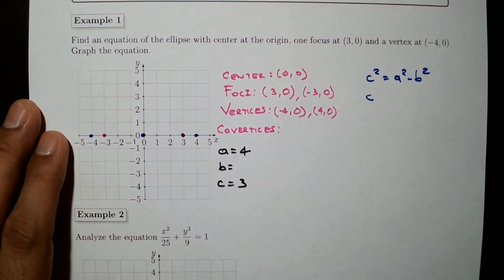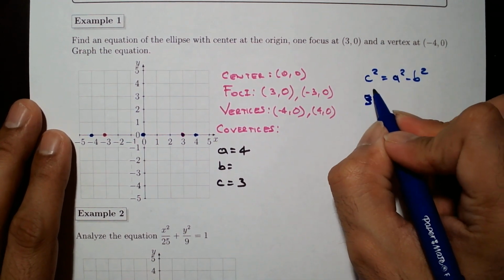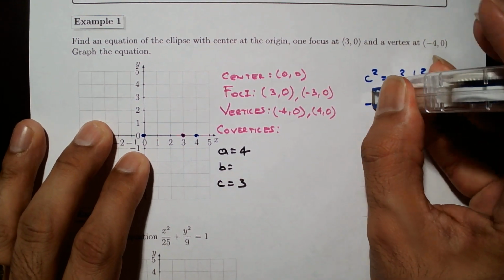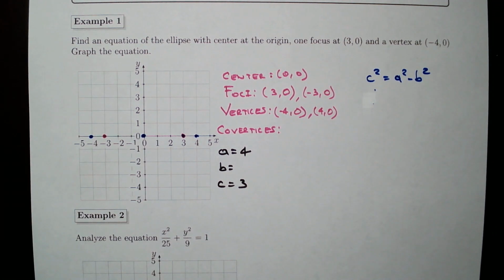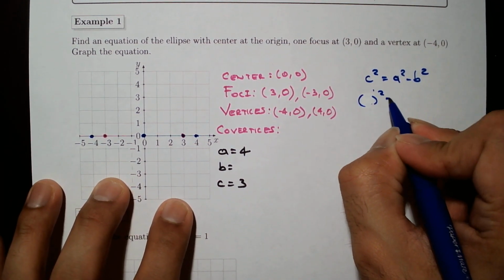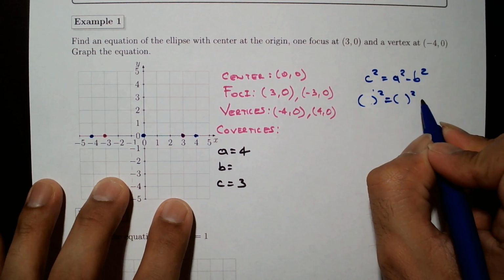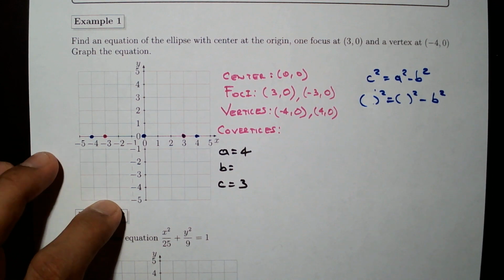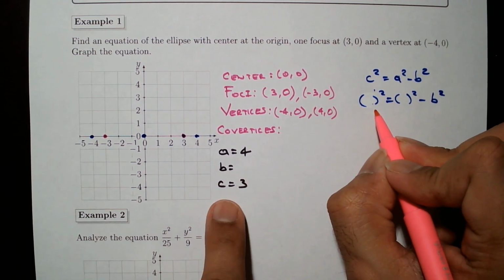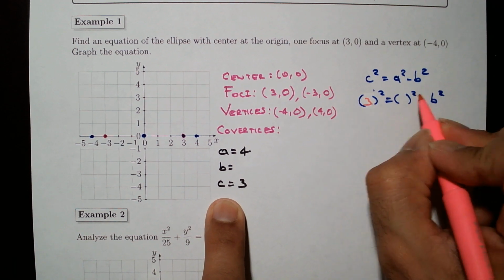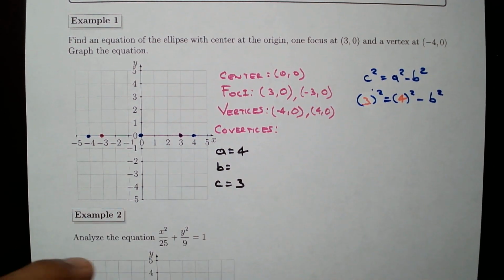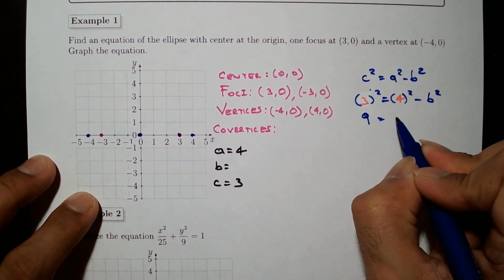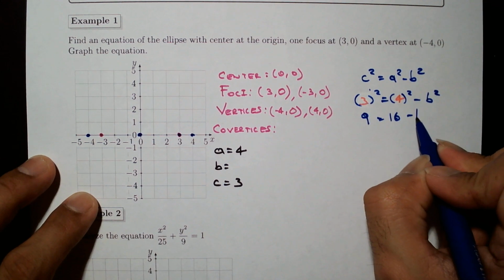So c squared is 3 squared, which is 9, and a squared is 4 squared, which is 16, minus b squared.